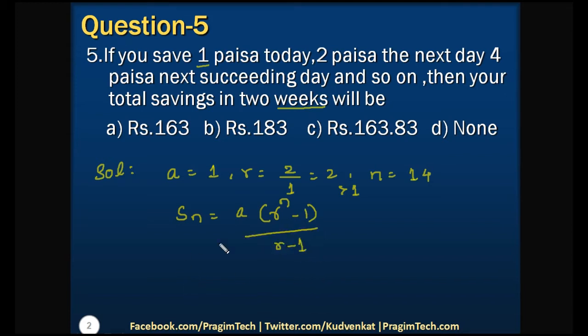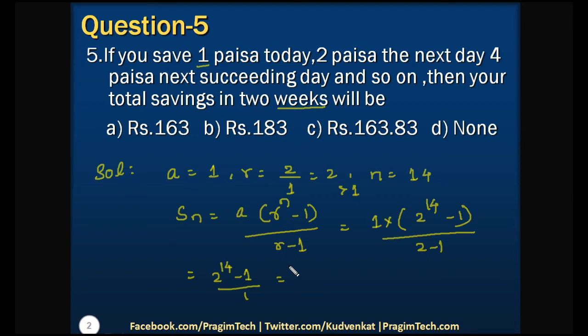Let us substitute the values. So it is 1 into 2 to the power of 14 minus 1, divided by 2 minus 1. This equals 2 to the power of 14 minus 1, as 2 minus 1 is 1, so divided by 1. So we have to calculate 2 to the power of 14.